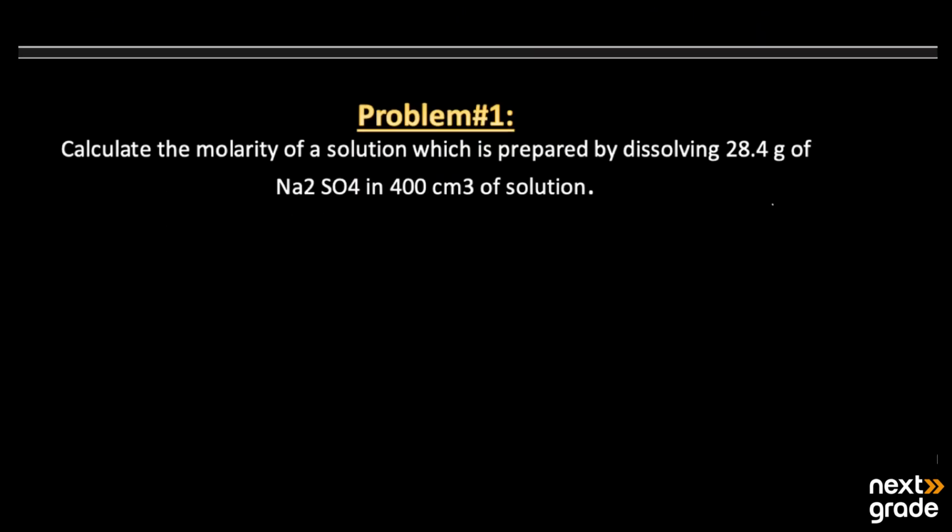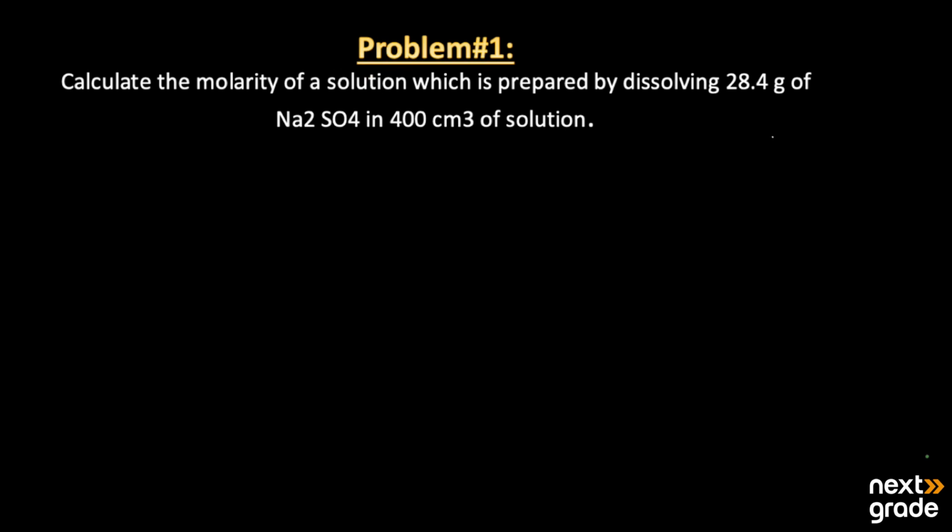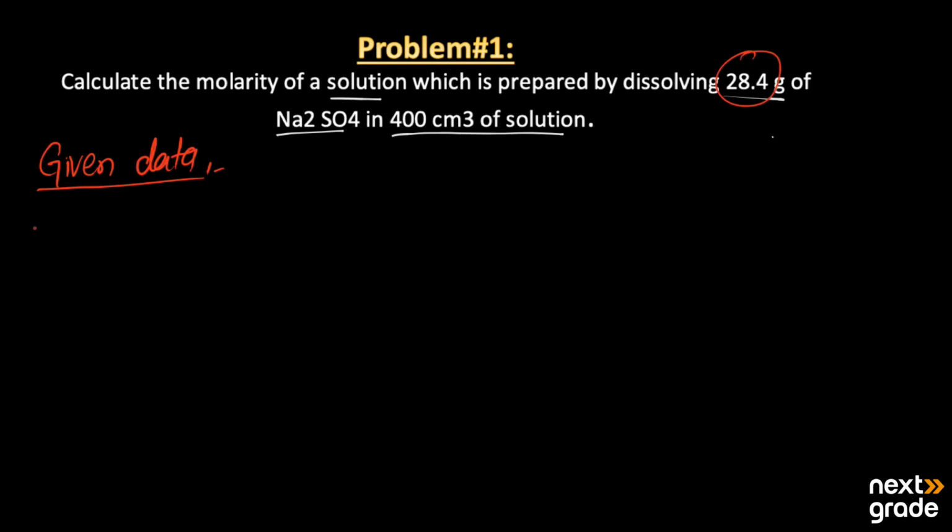Next, we have problem number 1 for molarity: calculate the molarity of the solution prepared by dissolving 28.4 grams of sodium sulfate in 400 centimeter cube of solution. You need to first write the given data. The first thing given is the mass of substance in grams, which is 28.4 grams.